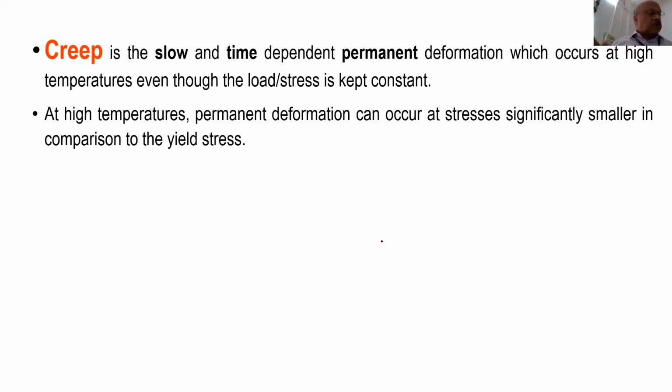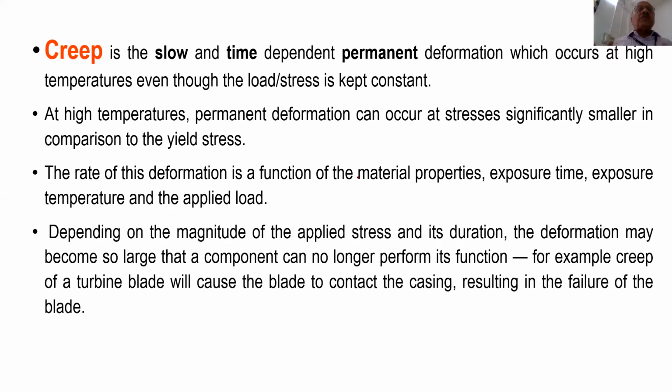And that depends upon the temperature and the time. So creep is defined as the slow and time dependent deformation of a material which occurs at high temperature. Because at high temperatures, permanent deformation can occur at stresses which are smaller than the yield stress. Okay.